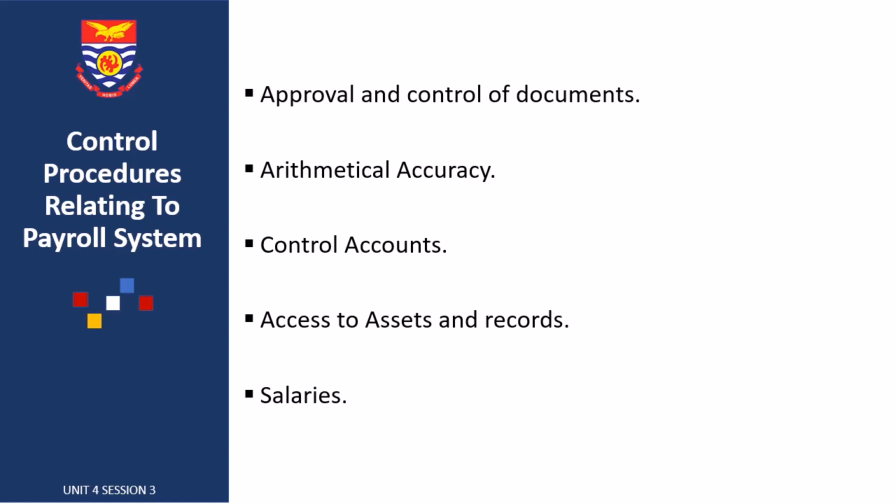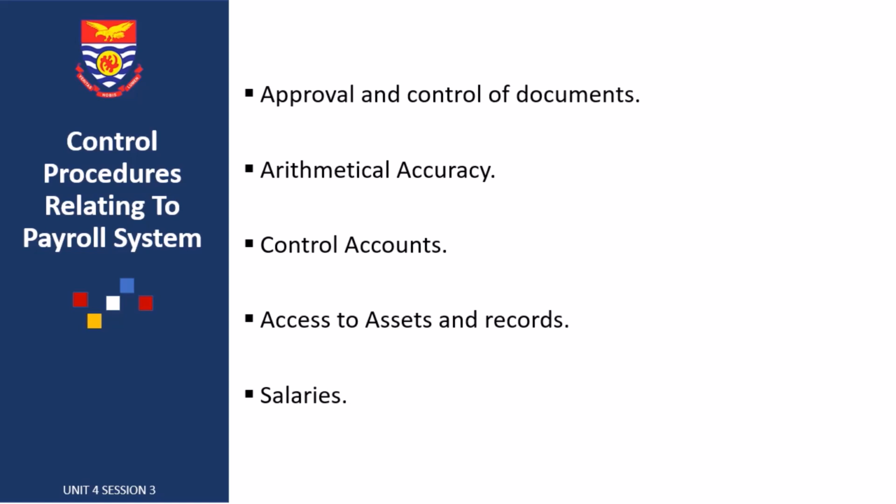Control accounts should be maintained in respect of deductions, showing amounts paid periodically to the revenue authorities, the trade unions, and what have you. Overall checks should also be carried out to highlight major discrepancies. For example, you check against budget, changes in amounts paid over a period of time, and you check against the personal records and code. So these are what must be done.